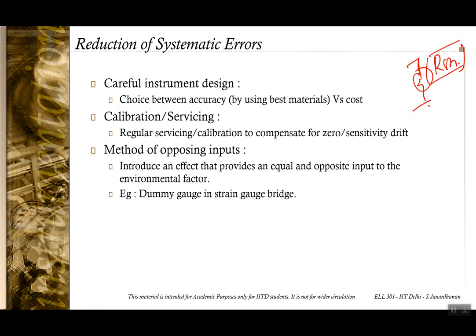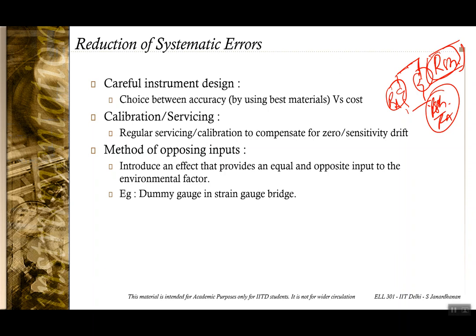So which means that RSH is not going to change so much with temperature. And similarly this RA, therefore RSH by RA is going to remain constant. So choosing appropriate materials so that this error remains constant is one way.